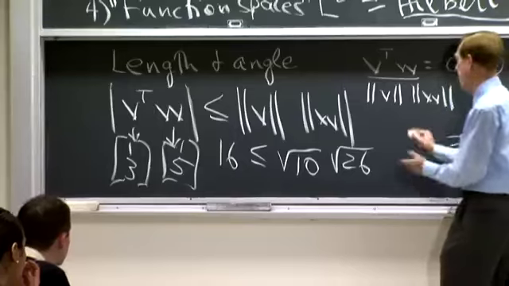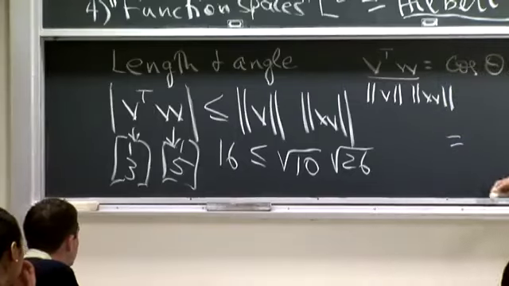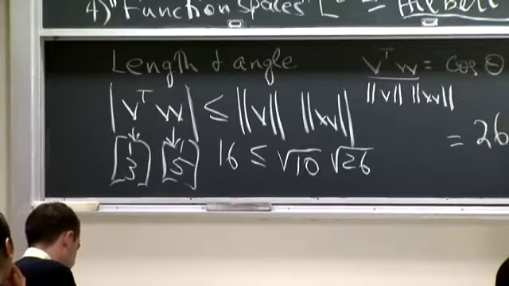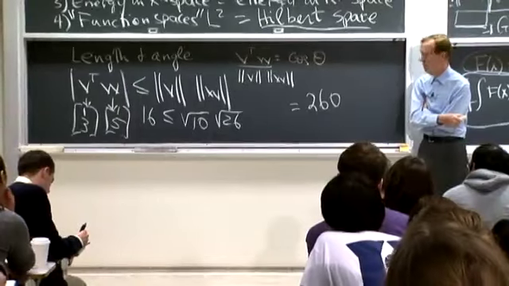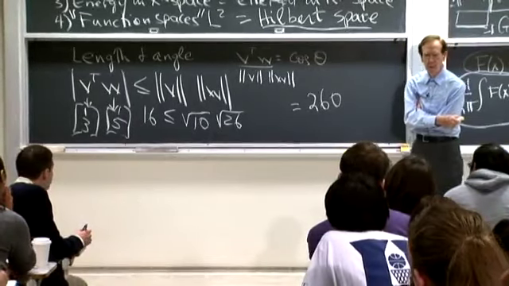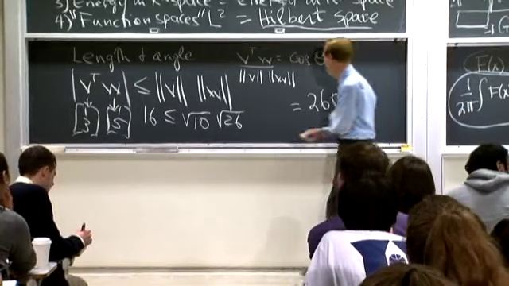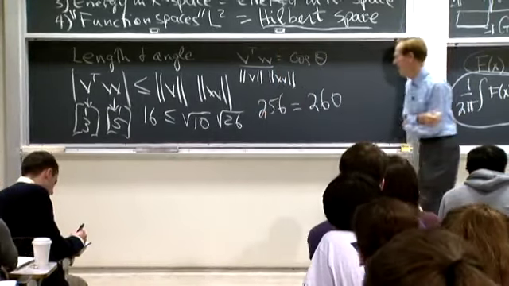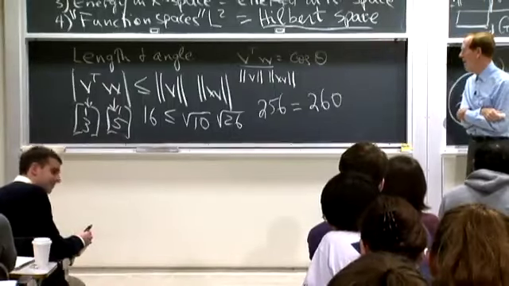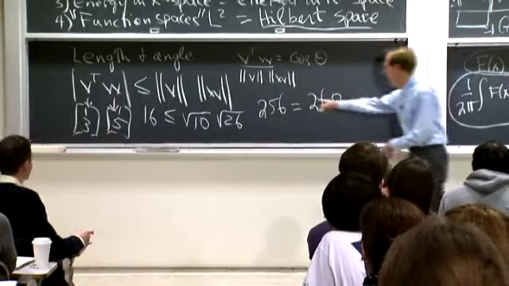So the right-hand side, when I square both sides, will be 260. And what's the square of 16? 256. That was close. But it worked. I'll admit to you, whoops, not equal.